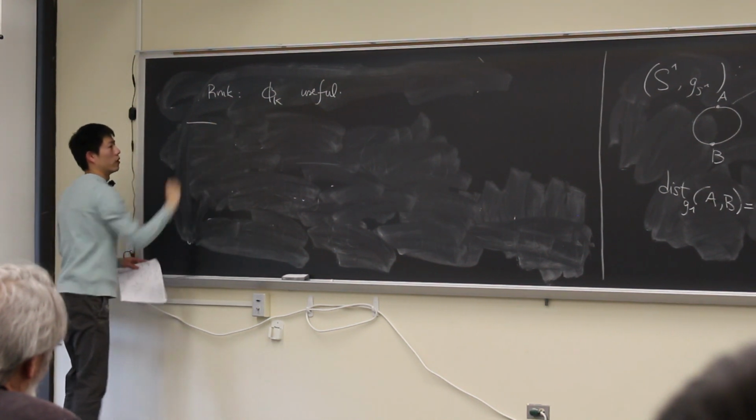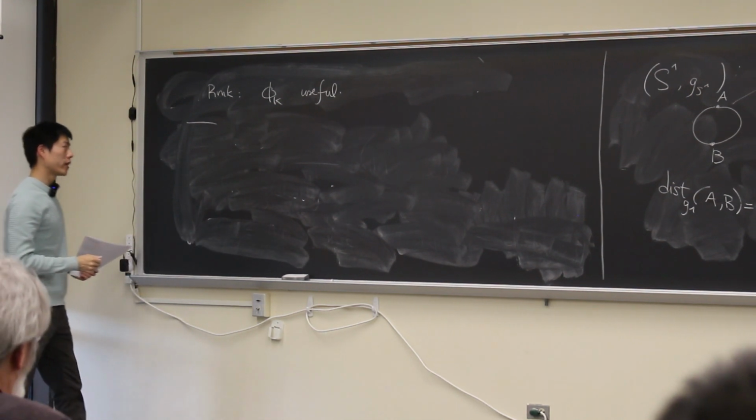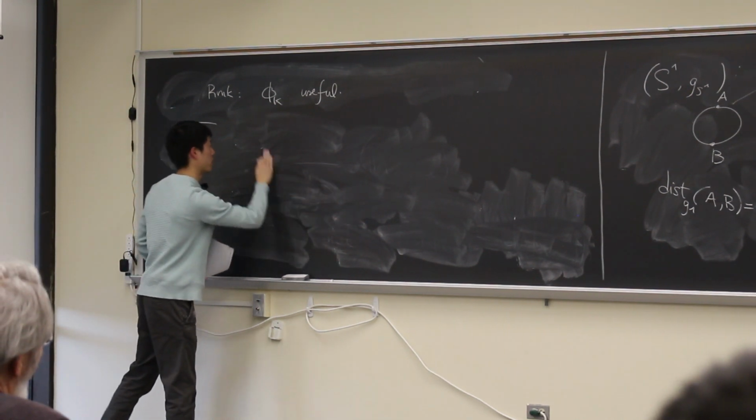All right, so that's it for the introduction for isometric maps. I want to talk about another kind of special maps called harmonic maps.